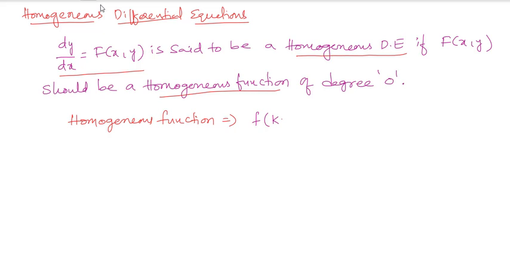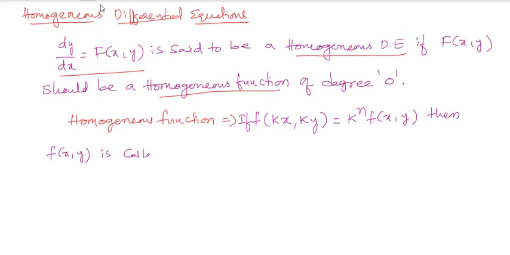If I am able to write the function f of kx comma ky as k to the power of n into f of x comma y, then f of x comma y is called a homogeneous function.